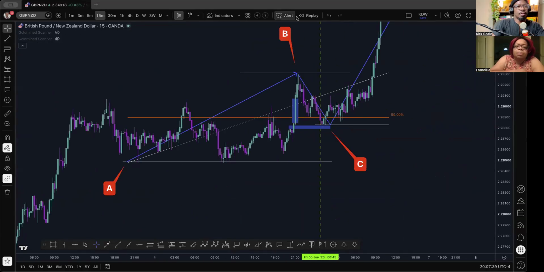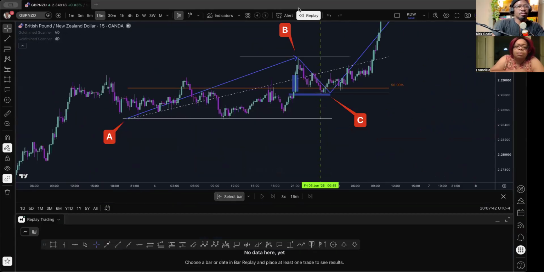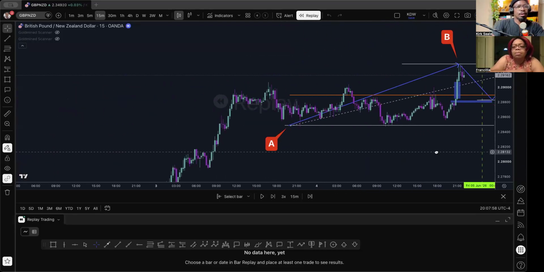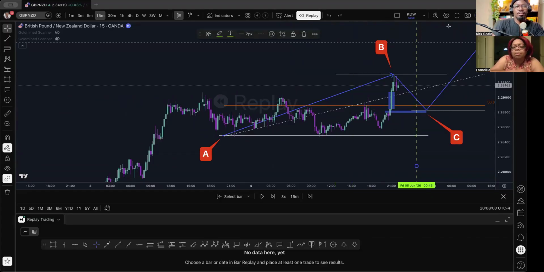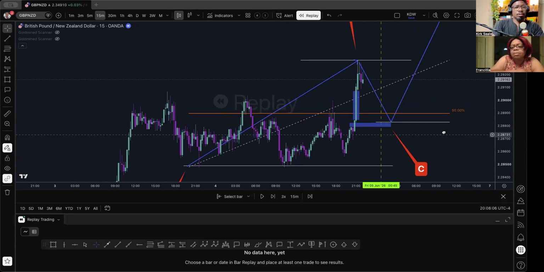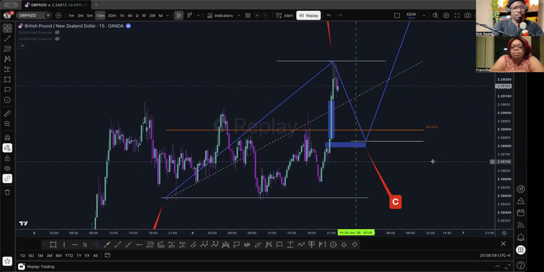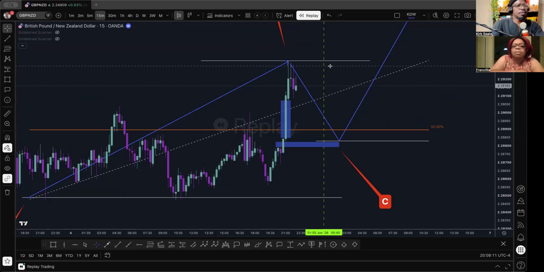We're just gonna go back in time a little bit. What is actually happening right now? Sorry, guys. My TradingView is doing some weird stuff. Like I'm supposed to see things on my screen that I'm not actually seeing. Anyway.